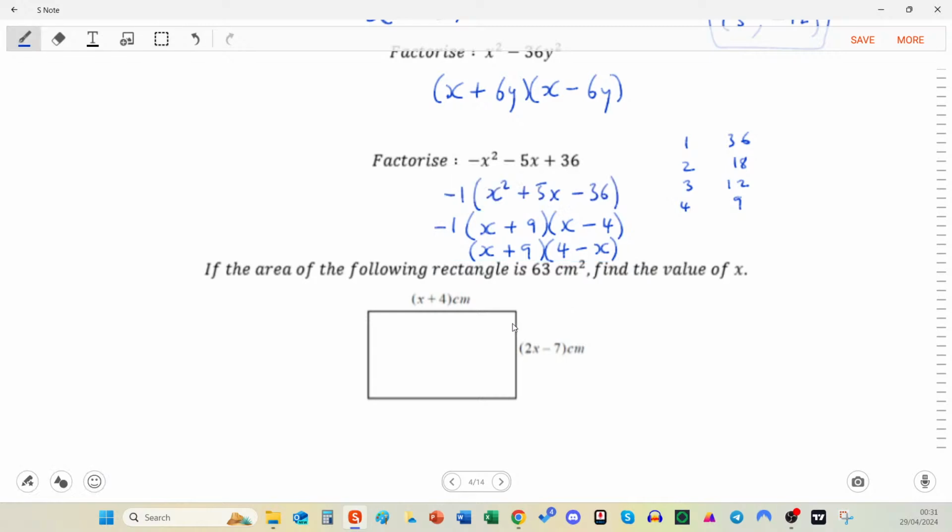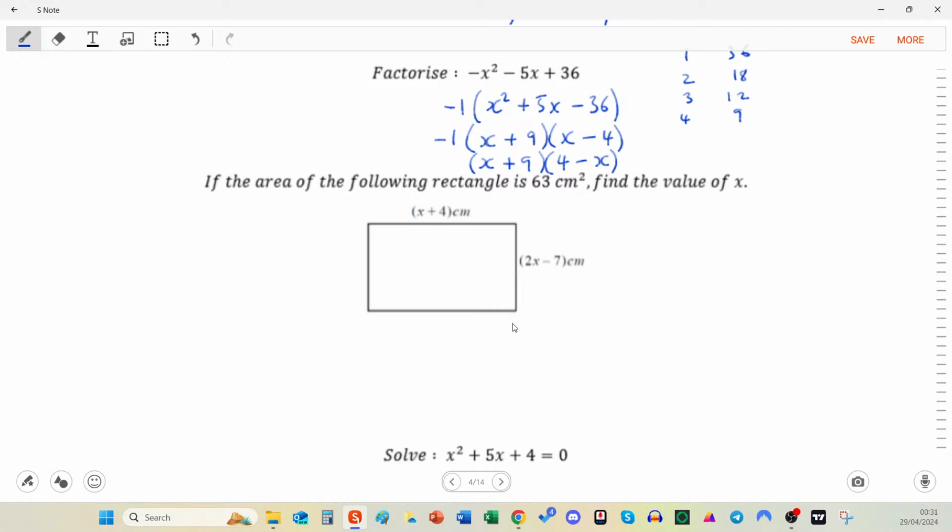Alright, if the area of the following rectangle is 63 centimeters squared, find the value of x. Yes, this is a quadratic. We know the area of the rectangle is 63. And the area is found by multiplying the width by the length. And so we'll do that: x plus 4 times 2x minus 7.